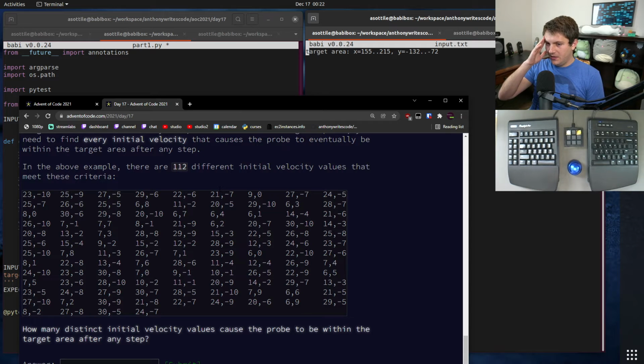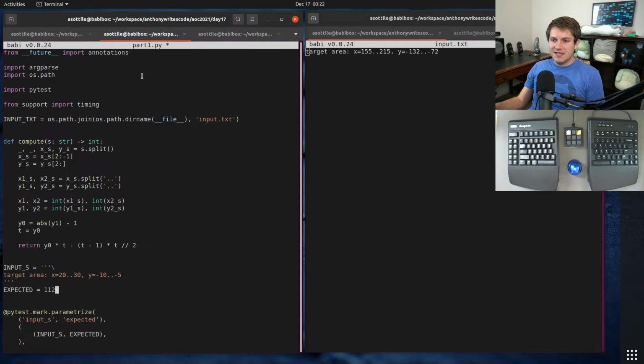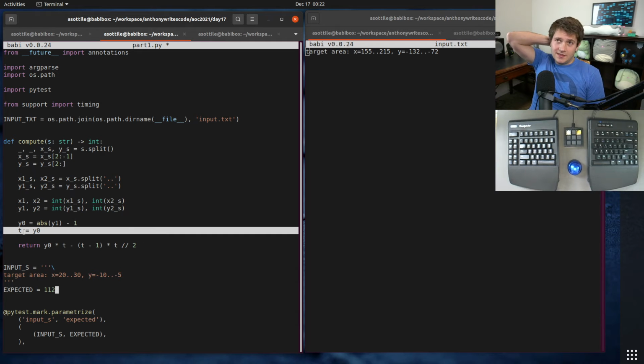Alright, my thought here is we know the maximum T. This is the maximum T, right? That's the longest it could go up and come down. So we know the minimum T is 1. We have a range of those.